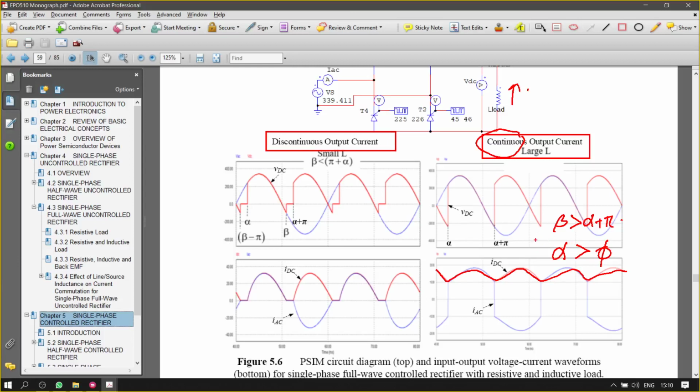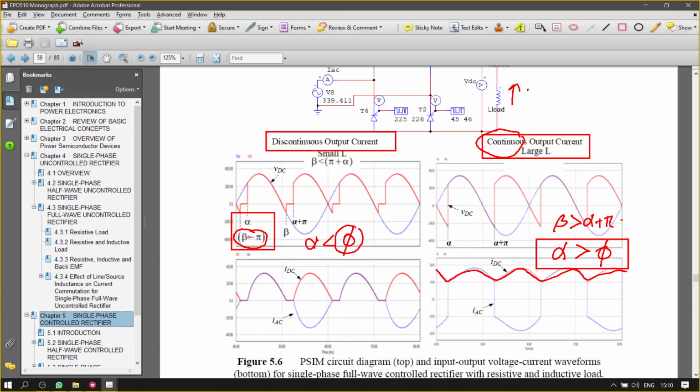You look into this condition, alpha greater than the load angle. But if your alpha is below the phi angle, okay, this is the condition. If you look closely, beta minus alpha here also can determine the phi angle.